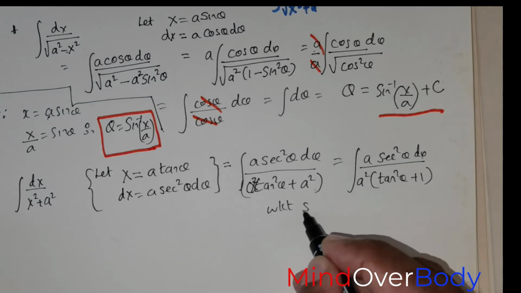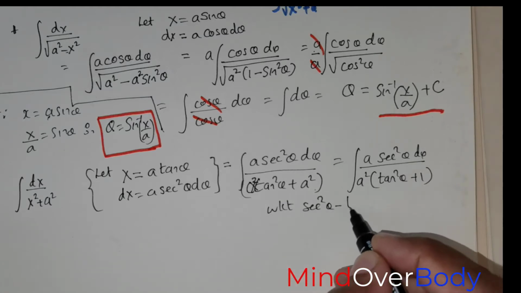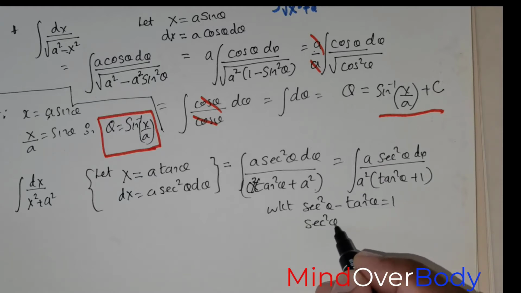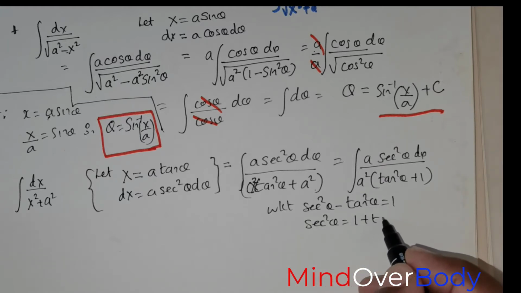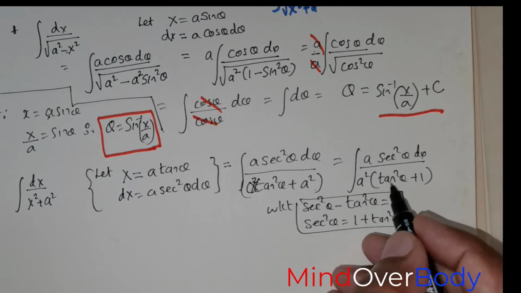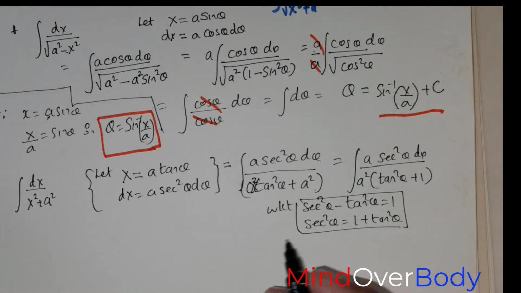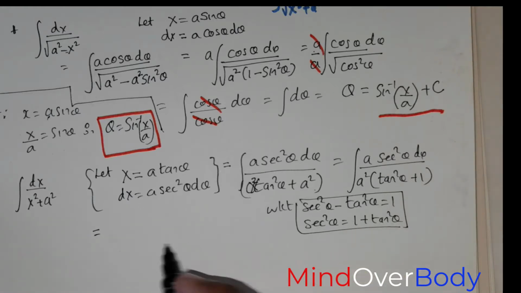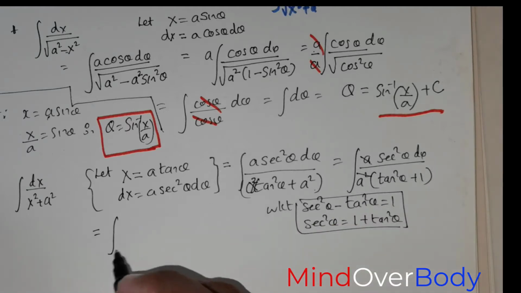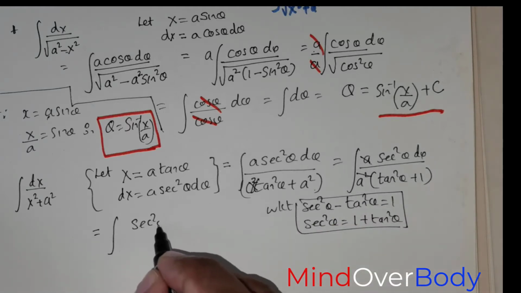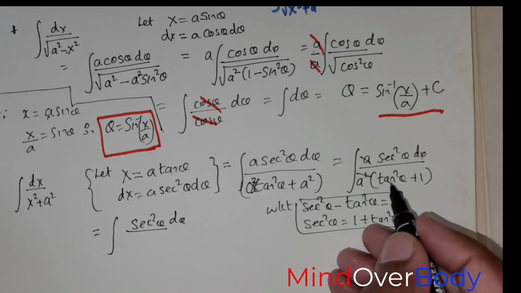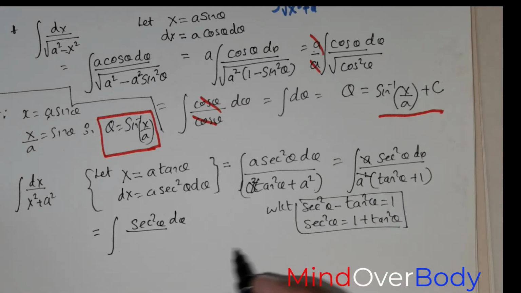We know that secant squared theta negative tan squared theta is equal to 1, and secant squared theta is equal to 1 positive tan squared theta. So if I were to substitute tan squared theta positive 1 with secant squared theta, in fact I can cancel the a out, so it's going to be integral secant squared theta over secant squared theta.